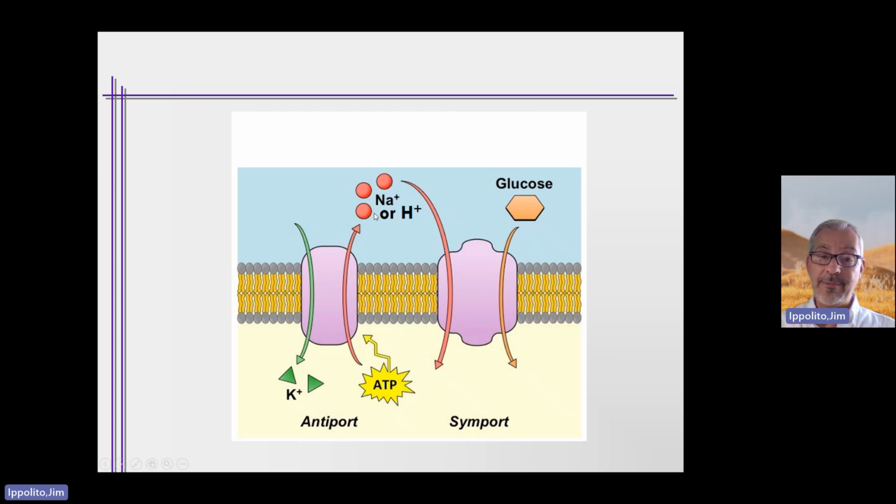For some reason, the plant may have taken up sodium to maintain ion balance inside the cell, but it doesn't need sodium, so it pumps it back across via the use of ATP, and then potassium flows back in. Okay, so symport is two ions or compounds moving in tandem across the plasma membrane, and antiport is one is moving out and one is moving in. I hope that makes sense.